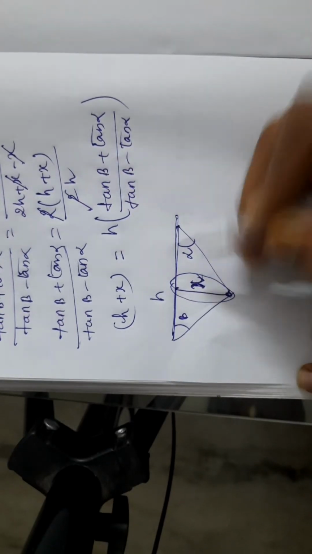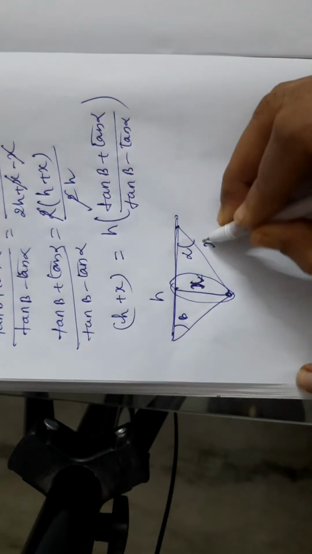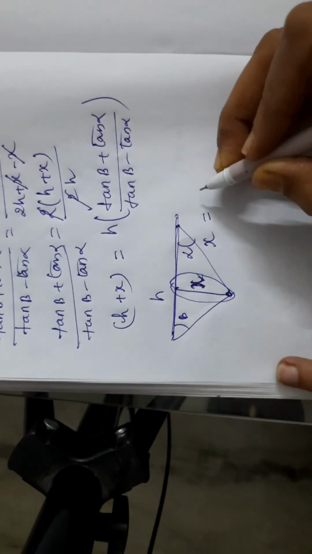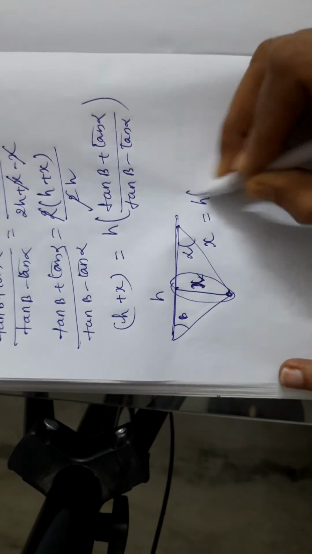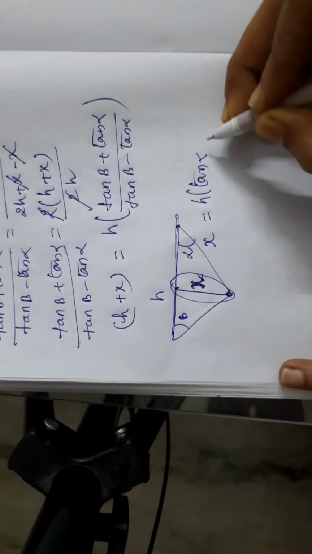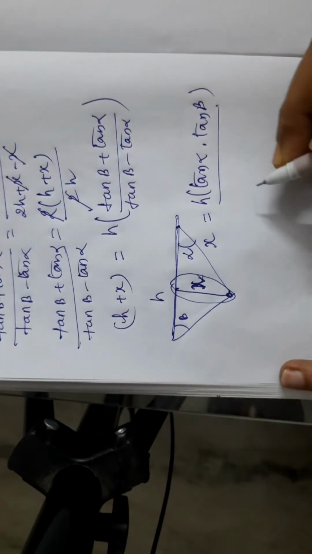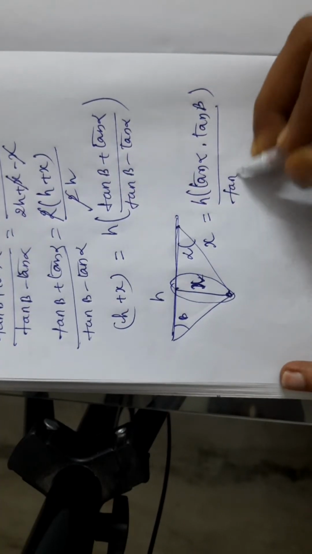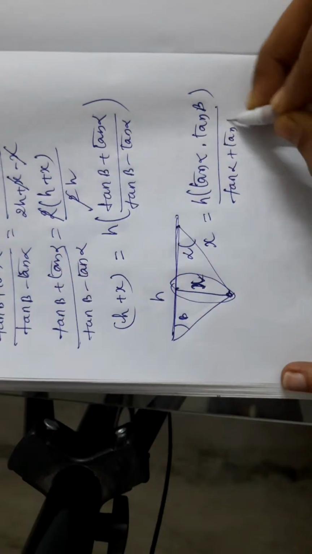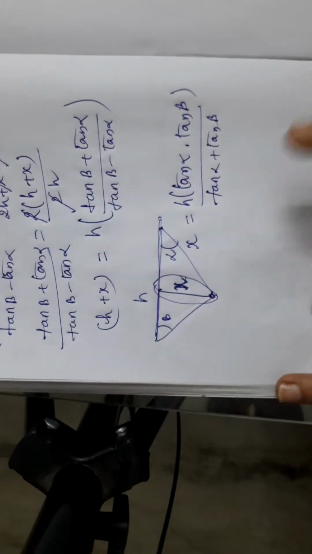Let it be x. So we need to prove that the height of the bridge is h tan alpha tan beta whole divided by tan alpha plus tan beta. So this we need to prove.